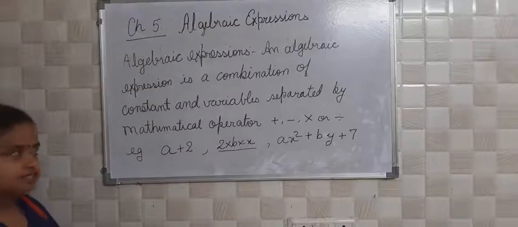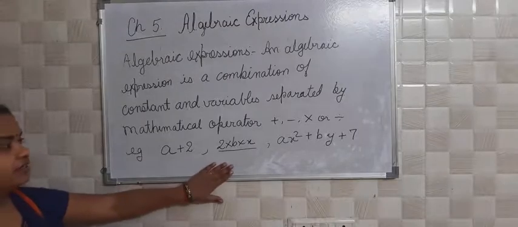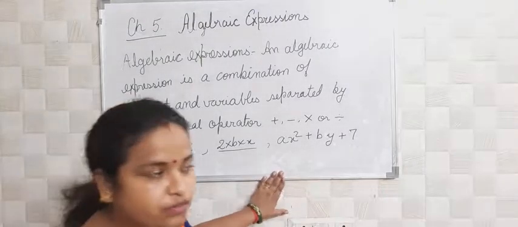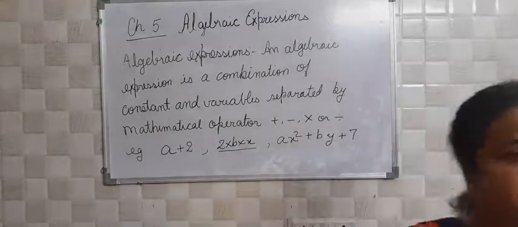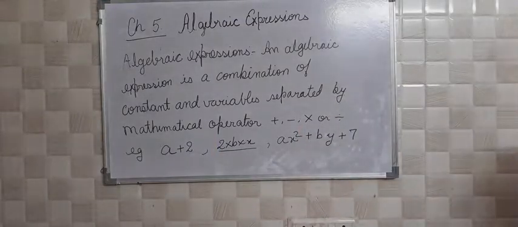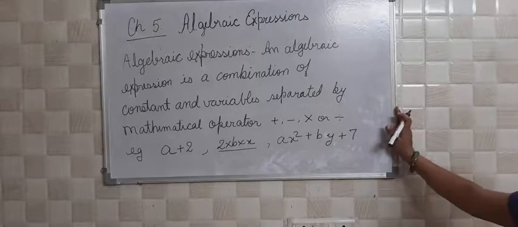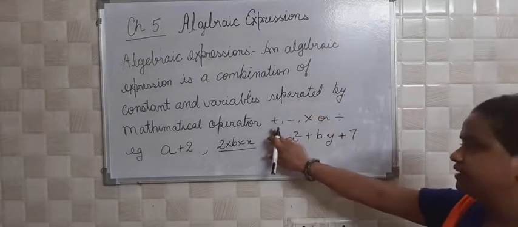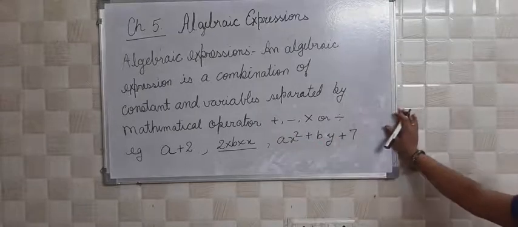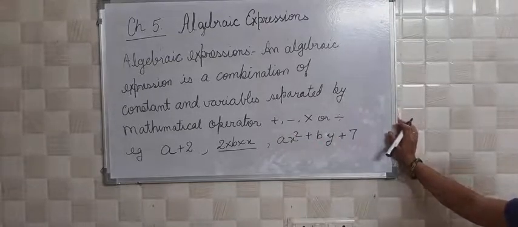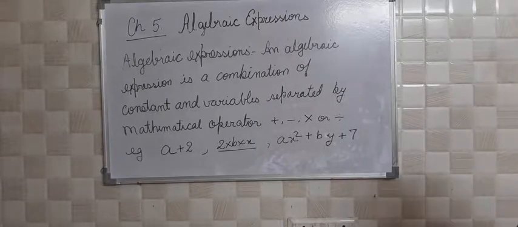Now next, did you get this? What did I tell, what is algebraic expression? Again I am going to let you know. It is a combination of constants and variables, and it can be separated by mathematical operators, that is plus, minus, multiply or divide.